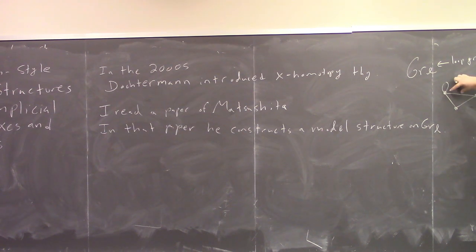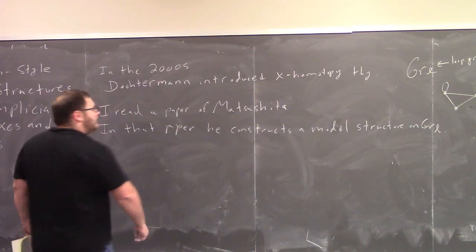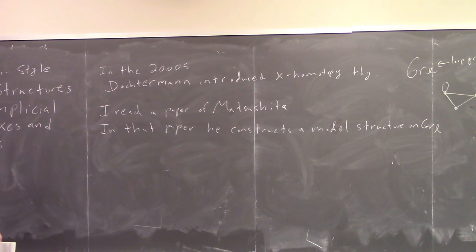So for instance, I could squash this edge here, but I couldn't squash this edge there. So this is a different category, but he constructs a model structure here, and he did it in a little bit of a surprising way.